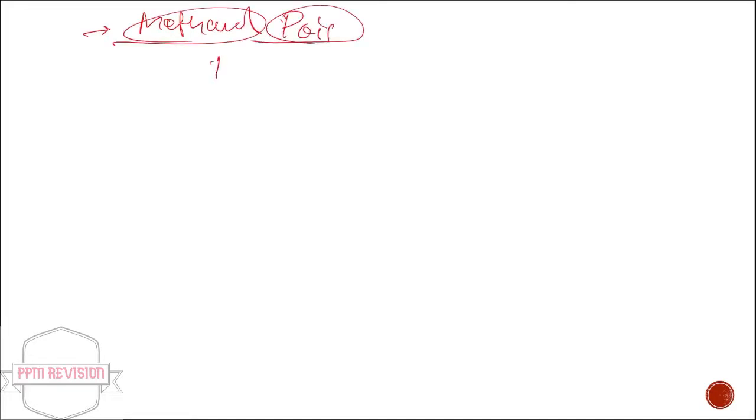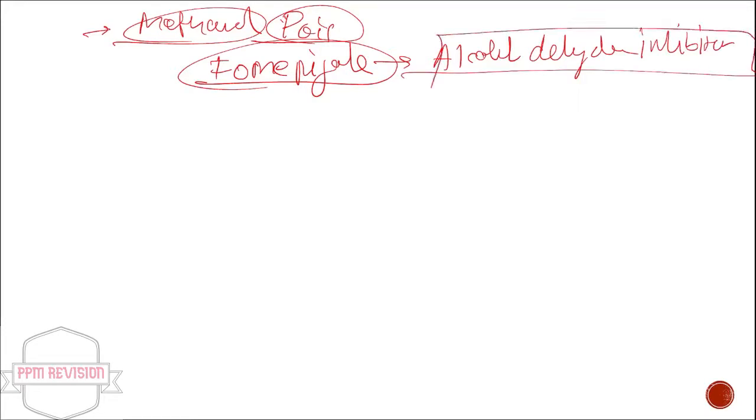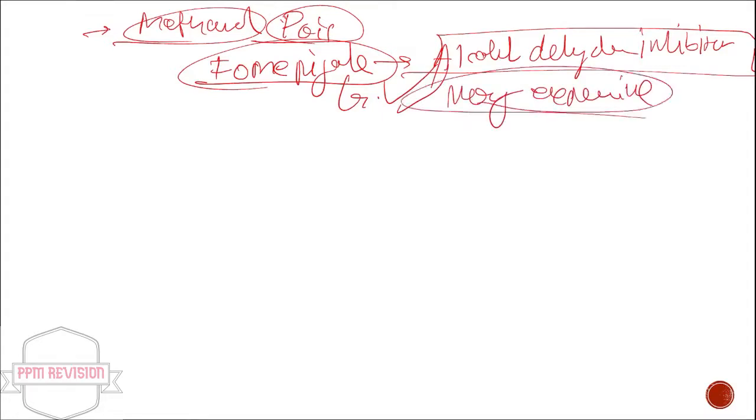Okay, now just looking further at how methanol poisoning is treated. A good point is about fomepizole. Fomepizole is nothing but an alcohol dehydrogenase inhibitor, and we had a discussion on this in the group, and it is a very expensive drug, very expensive. Now looking further, calcium leucovorin can also be administered.